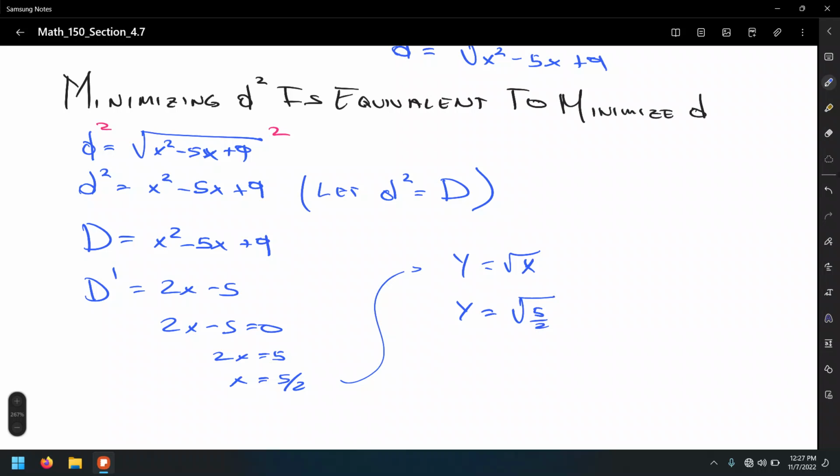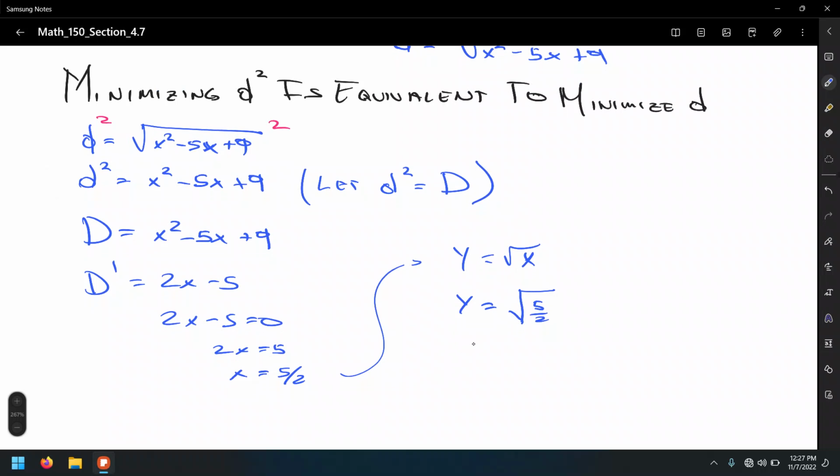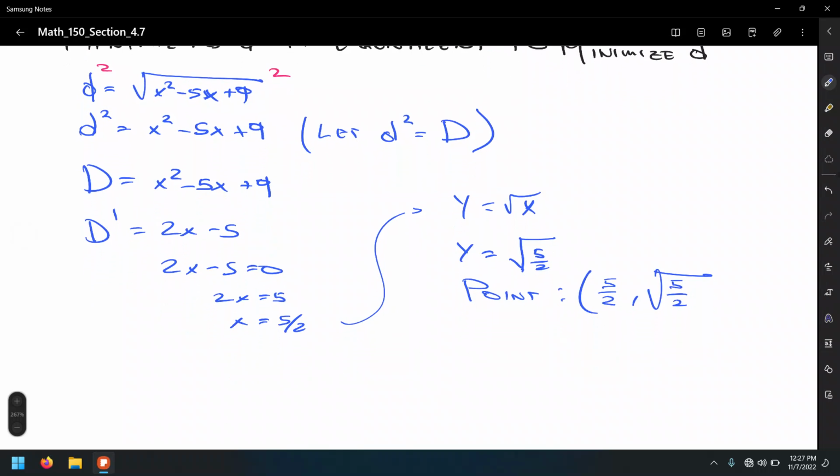But the problem doesn't finish there, because we still need to justify that point. So the point will be 5 halves, comma, the square root of 5 halves. Alright? So we still need to justify that indeed this critical value is a minimum.